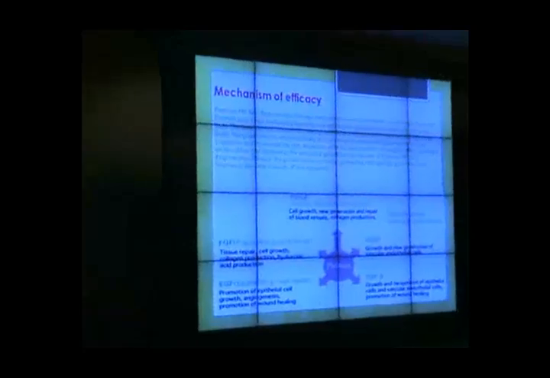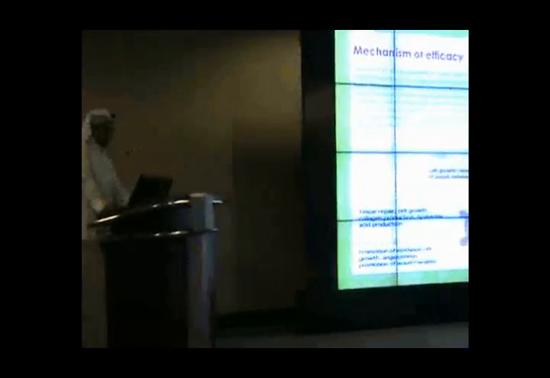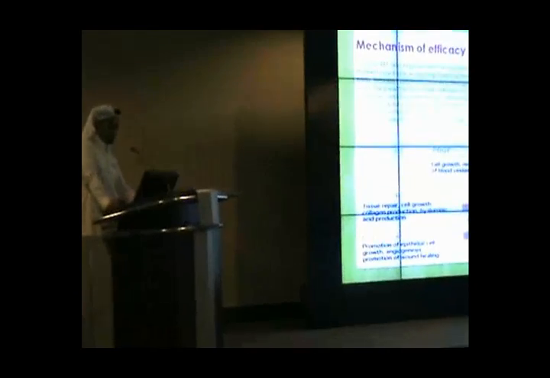Another is the vascular endothelial growth factor, which promotes growth and new generation of vascular endothelial cells. Epithelial growth factors promote epithelial cell growth, angiogenesis, and wound healing. Transforming growth factor beta promotes growth and new genesis of epithelial cells and vascular endothelial cells for wound healing.